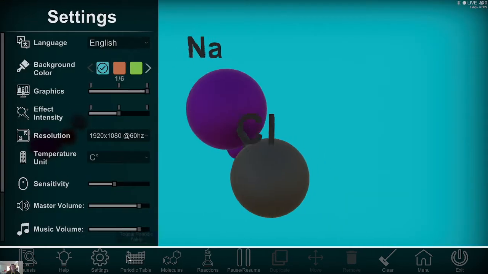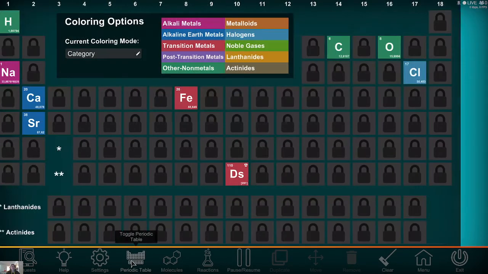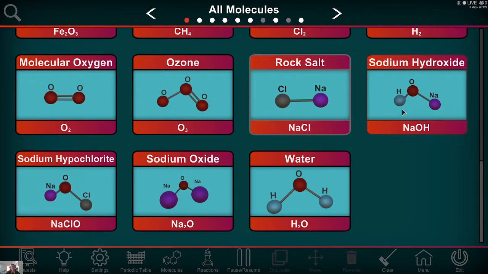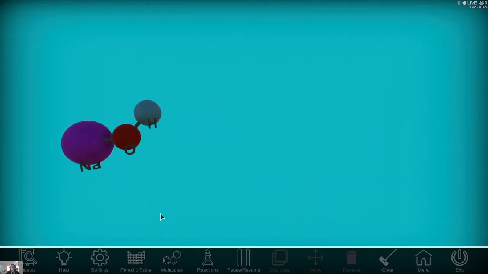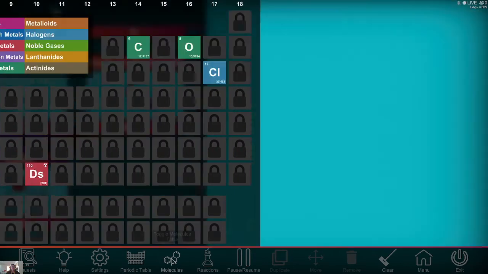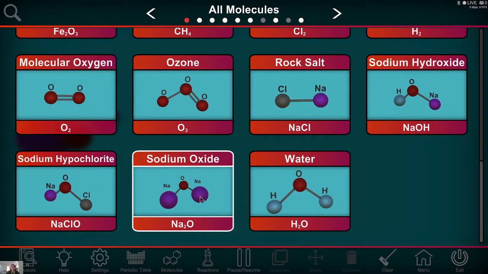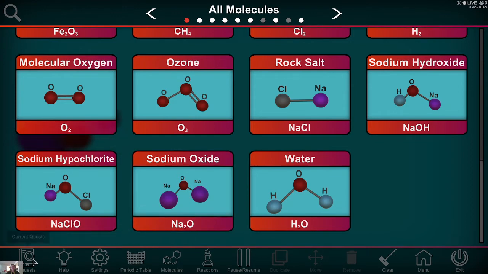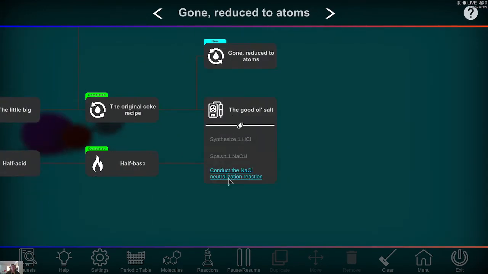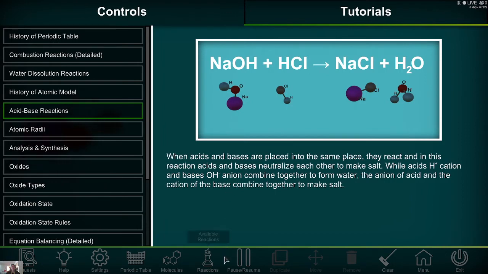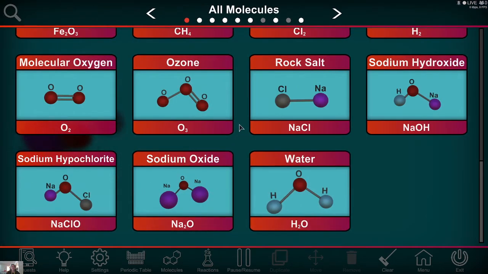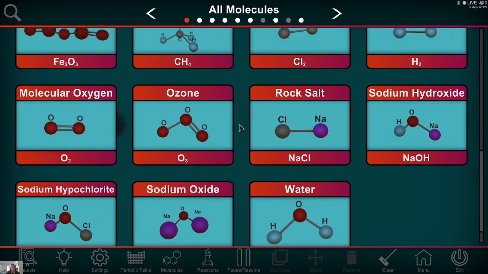Okay, so let's clear that. And then we have, that way it's not so messy, hydrogen chloride. So let's look for hydrogen chloride.